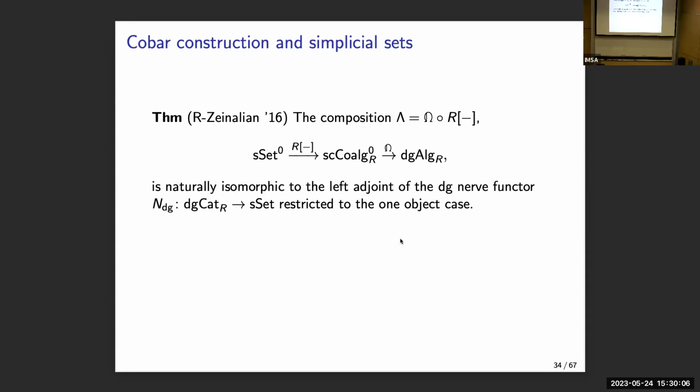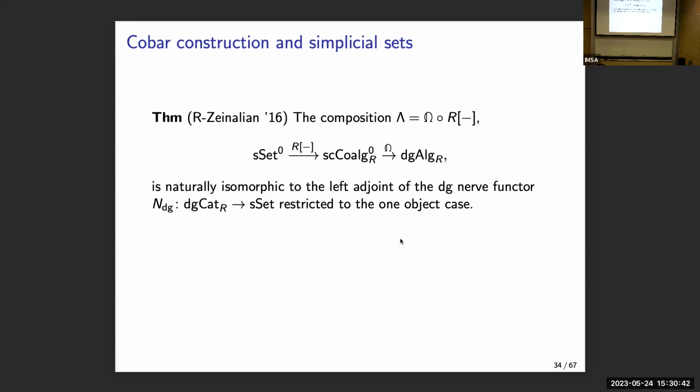This composition of functors, if I start with a simplicial set with a single vertex, a reduced simplicial set, I can apply the simplicial coalgebra of chains functor, followed by this co-bar functor. This is exactly on the nose isomorphic to the left adjoint of the differential graded nerve functor, which was maybe defined by Goerss, I guess. Restricted to the one object case.